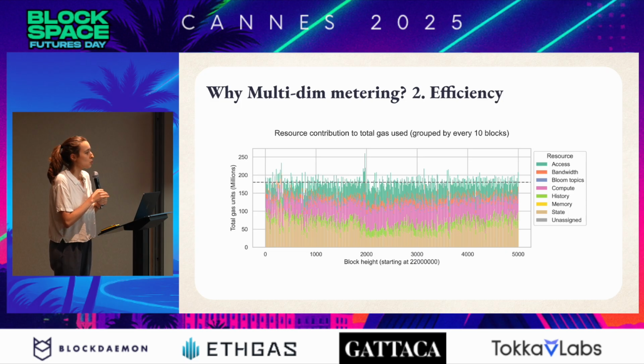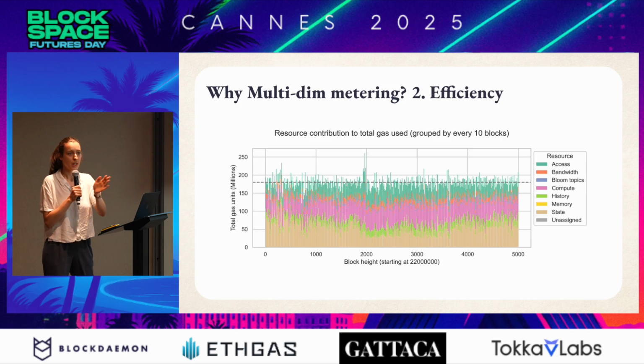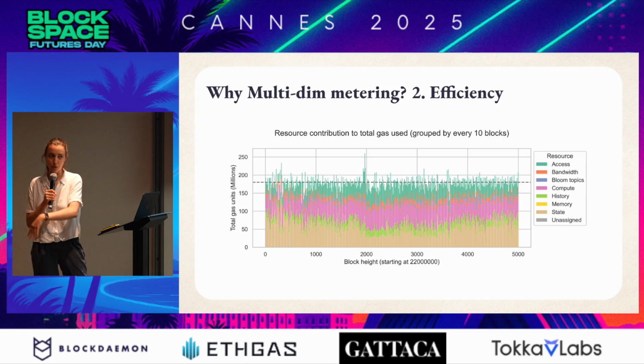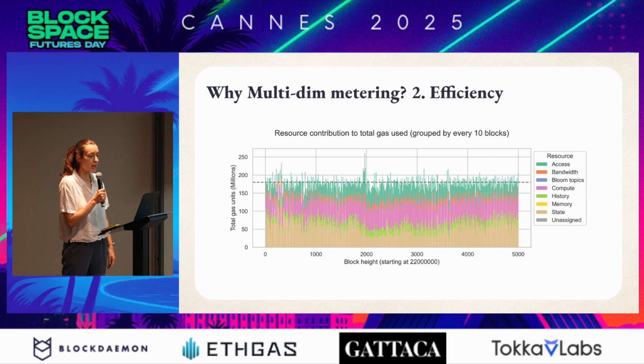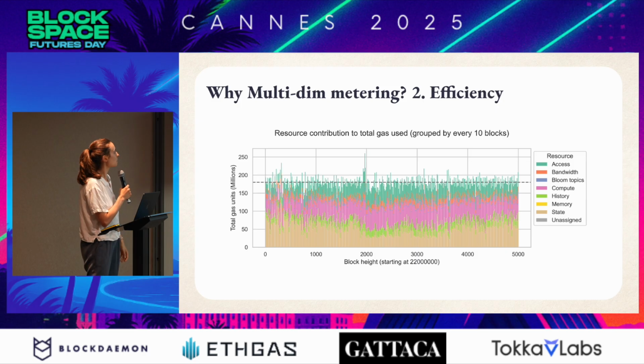To show this, we did an empirical analysis where we looked at historical blocks. We mapped transactions to the gas costs for the different resources, and then we did a breakdown of the blocks into the various resources. And this is what you can see here, for 6,000 blocks, and each small column is just an aggregation of 10 blocks.